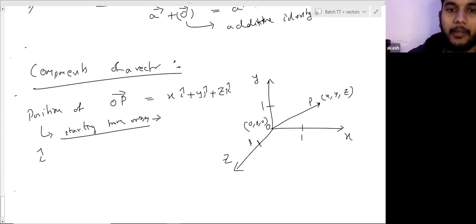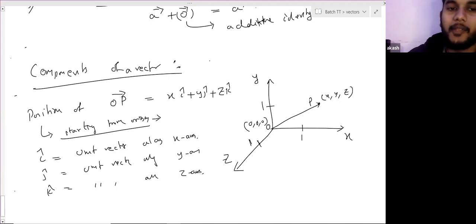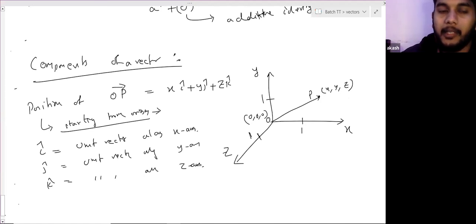Absolutely correct, Ahmed. i cap is the unit vector along the x-axis. j cap is the unit vector along the y-axis. k cap is the unit vector along the z-axis. And this is fixed; you cannot change it. The elders have said that i cap will be used to represent the unit vector along the x-axis and so on.